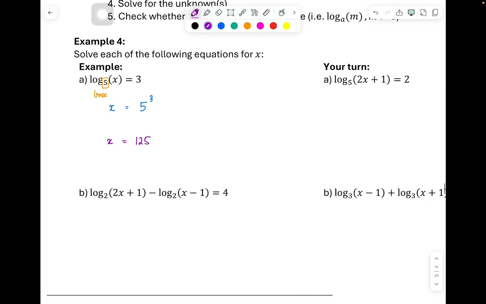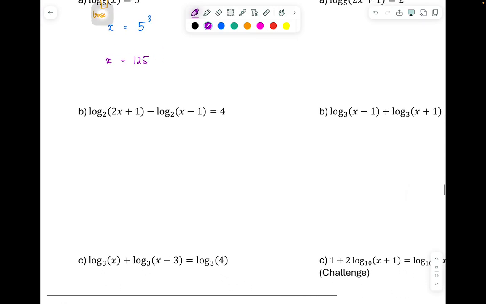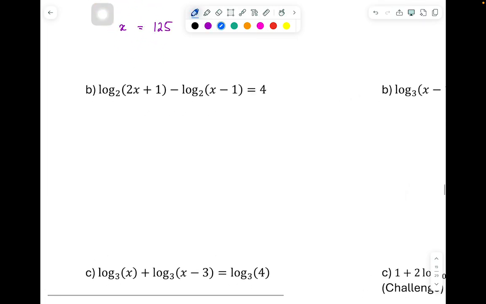If we go to example B here, you can see that we've got a subtraction of 2 logs. So what we can do here is merge the logs because they have the same base. And since we are subtracting, what we can do is divide the inside of each log.